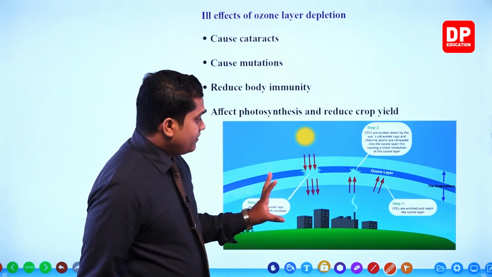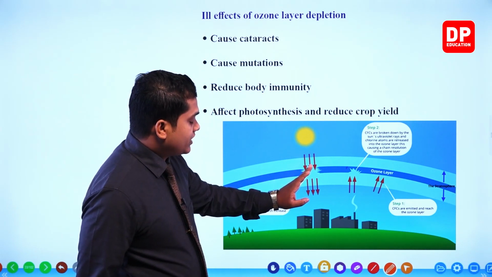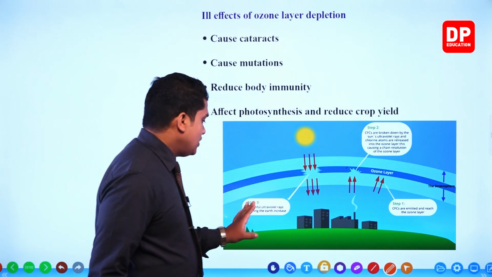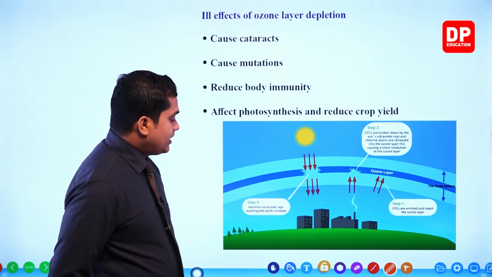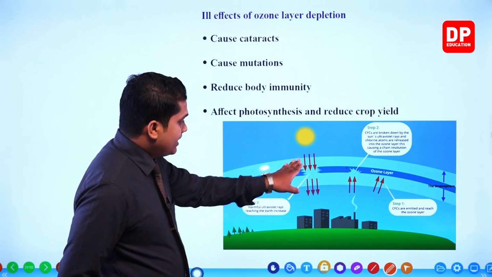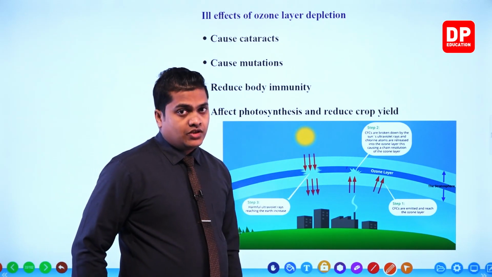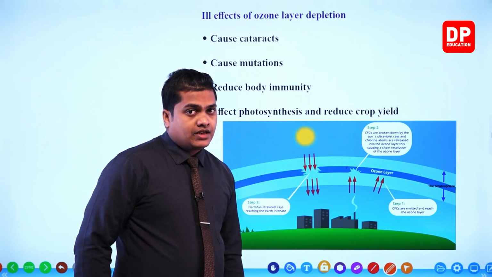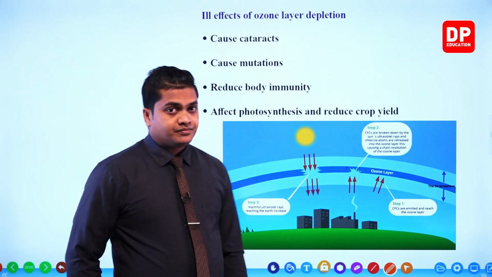Then, my dear children, when it is completed like this, what will happen? As you can see here within the figure, harmful ultraviolet rays will reach the earth, right, because of the holes created within the ozone layer. So the creation of holes within the ozone layer will definitely create these kinds of ill effects to the body.